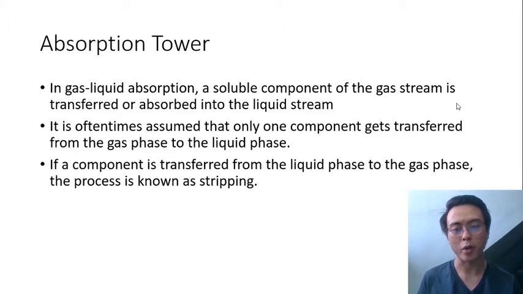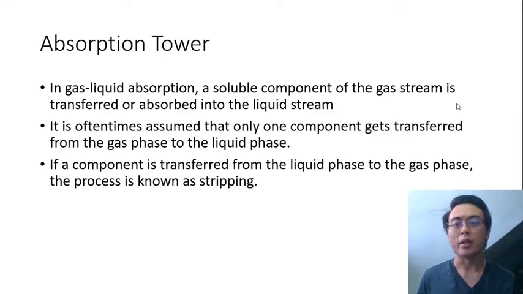Let's say, for example, you have a toxic substance in the gas phase or the vapor phase that you don't want to get out of the process. So we introduce a liquid or a solvent that can dissolve the toxic substance, so that your vapor or gas stream exits the process without a trace, or with very little trace, of the toxic substance.